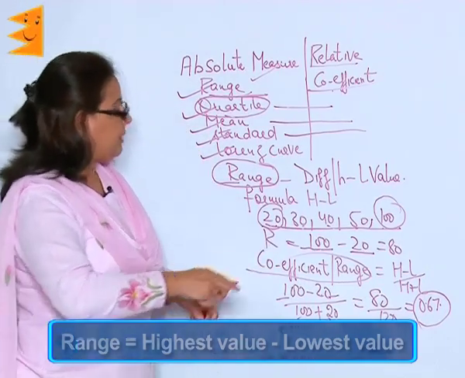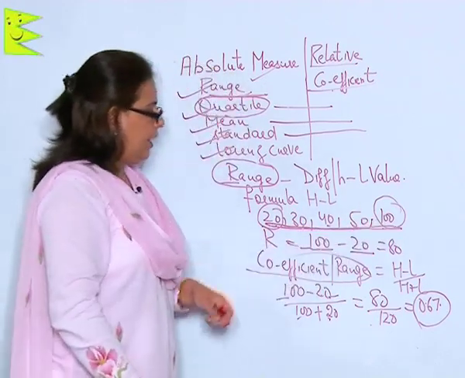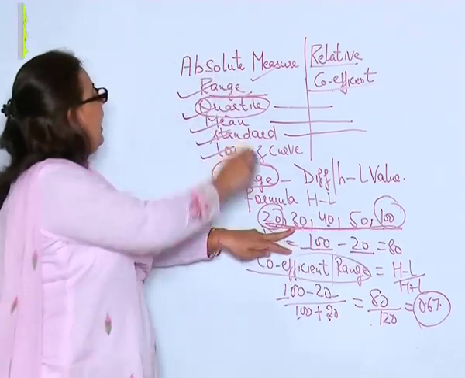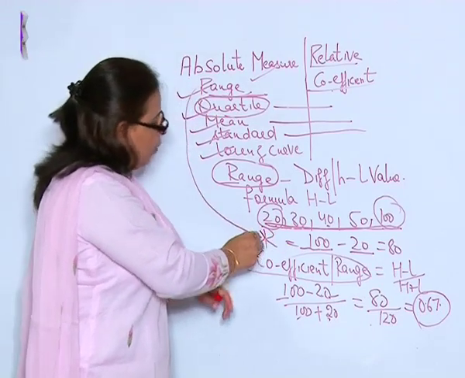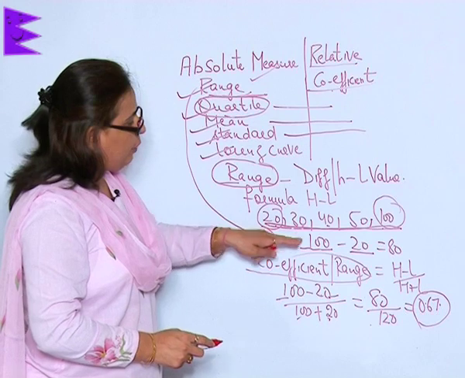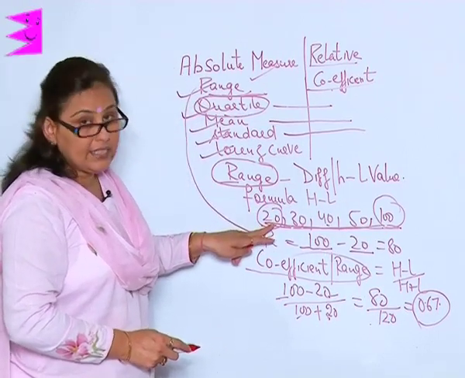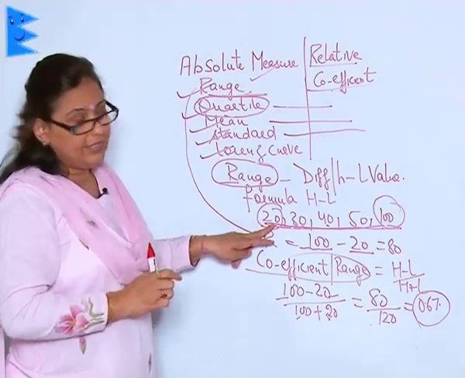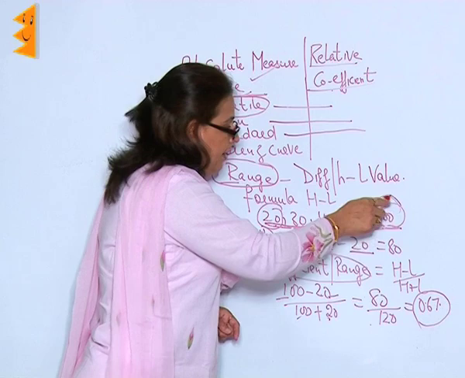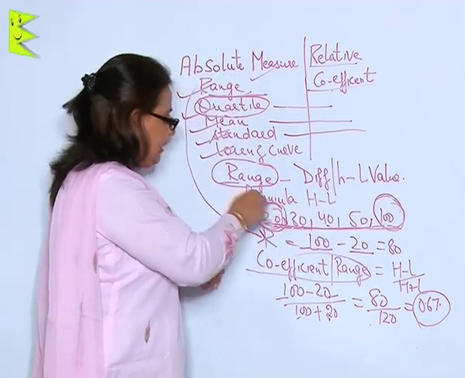Now I have taken up a series, say 20, 30, 40, 50 and 100. When I want to find out the range of this series, I am going to find out which is the highest and which is the lowest value in the series. 100 is the highest value and 20 is the lowest value.